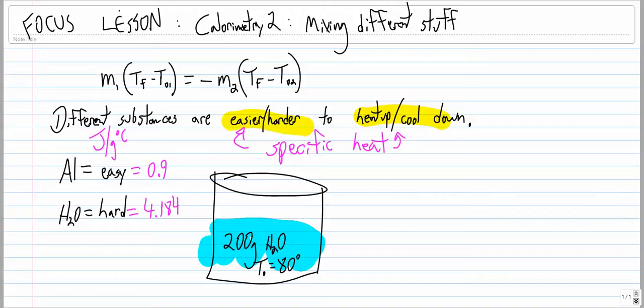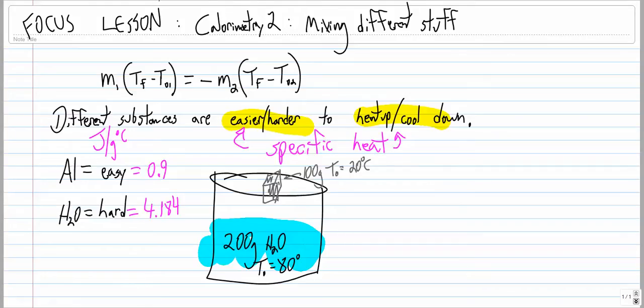And then let's say we've got a chunk of aluminum. I've got a chunk of aluminum, and we're going to say that this aluminum is 100 grams, and its temperature original is, let's say, 20 degrees Celsius, kind of close to room temperature.